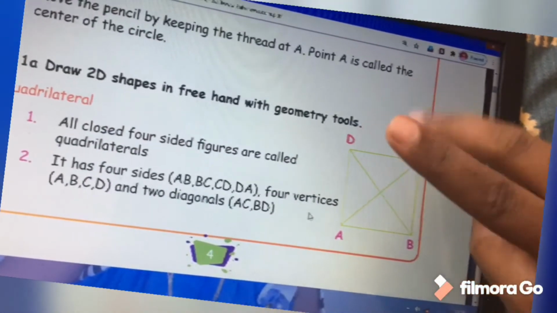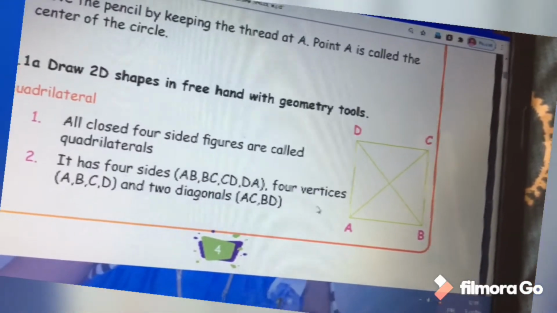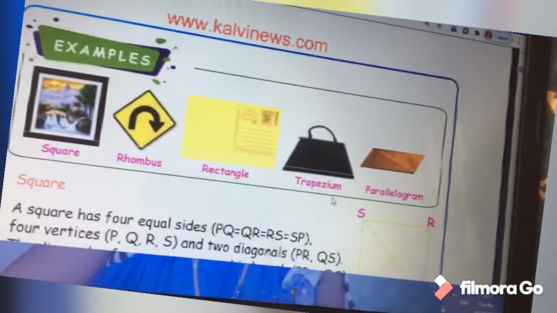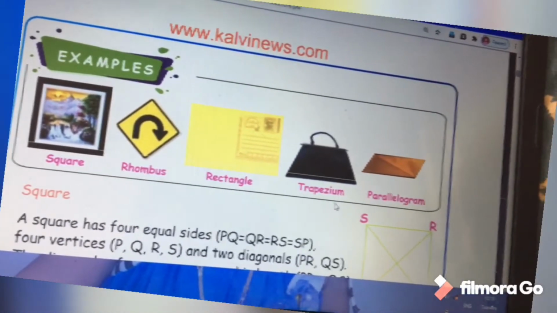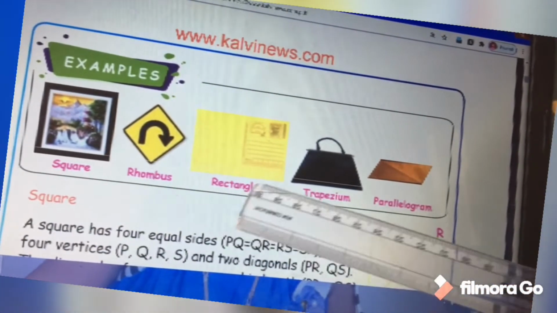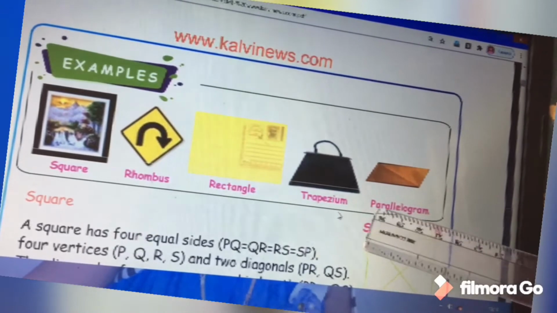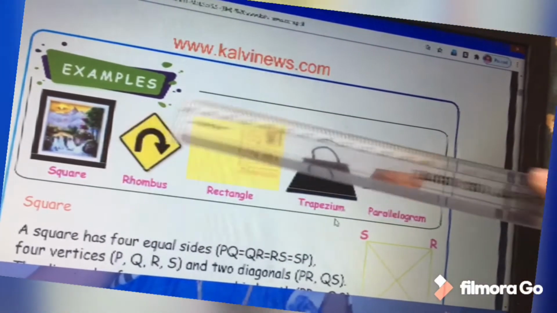So in a quadrilateral, there are two diagonals. Then we saw examples of quadrilateral also: square, rhombus, rectangle, trapezium and parallelogram. Today we are going to learn many things about these examples.